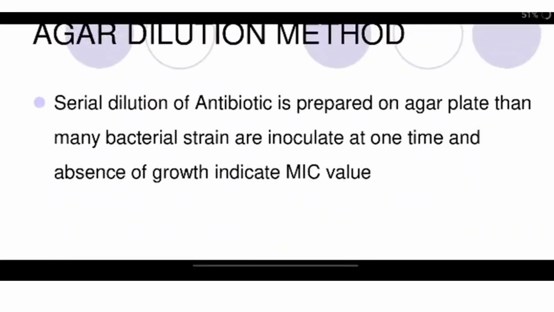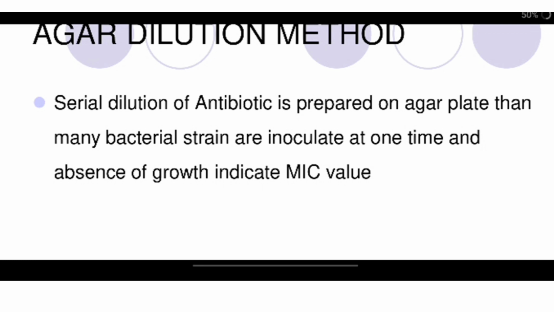Like we will prepare an agar plate with 64 microgram of a particular antibiotic, and we will prepare another plate in which we will dilute the media with antibiotic of 32 microgram per ml. So we prepared the agar plate of Mueller-Hinton agar with different concentrations of antibiotic.